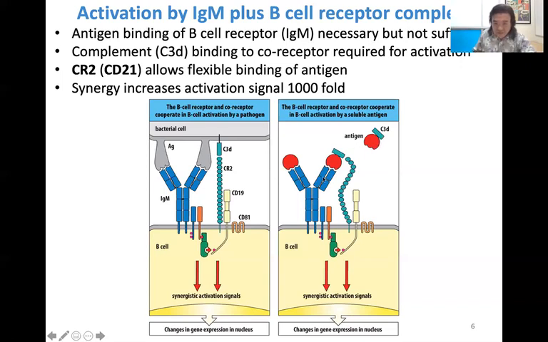So you can see here the antigen alone carrying a little piece of C3d sticks to the end of the immunoglobulin. But again, the co-receptor can still detect that, because it can reach over and bind to the C3d part, and you get that synergistic waking up kind of signal.